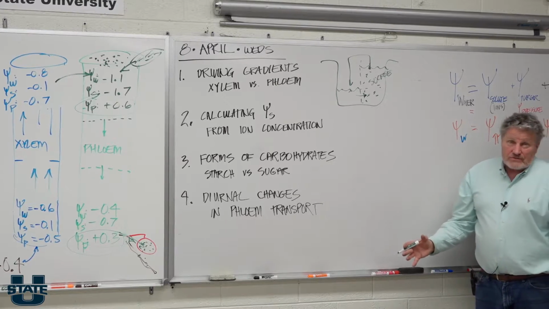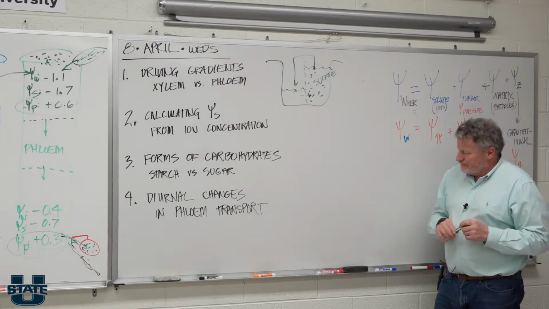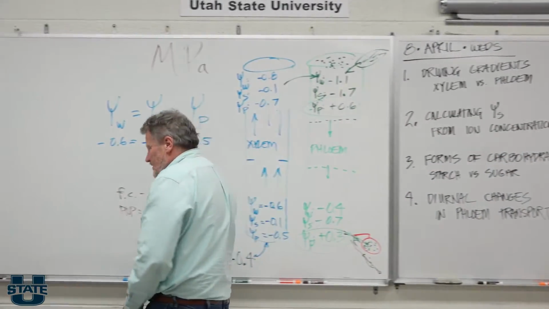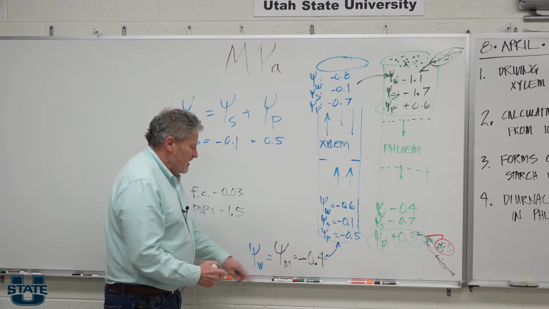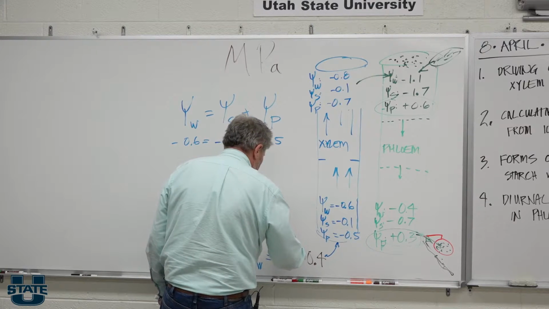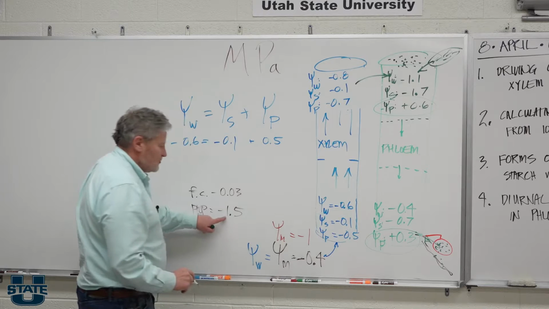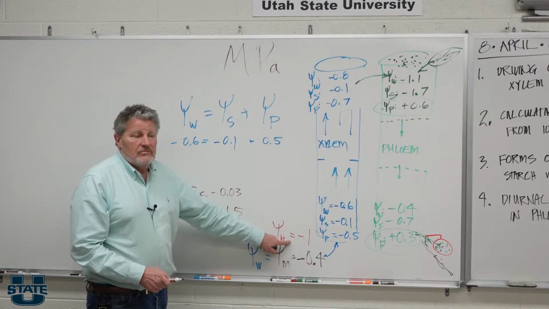That's how this works. Now, the reason this is a big deal is what happens if we do a matrix potential. Just let's take it to -1. It's not even permanent wilting point, but suddenly this soil dried out.